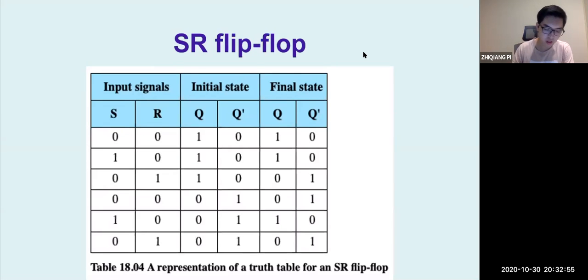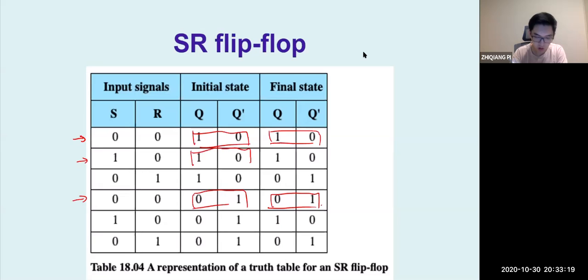Like we said before, in cases when S and R are both 0, we maintain whatever the state was, so the initial state is the same as the final state. And whenever we have the S bit at 1, whatever the initial state is, we make Q 1 and Q prime 0. So as we can see here, whatever the initial state was, Q is 1 and Q prime is 0.